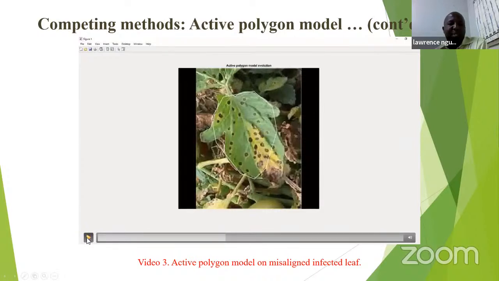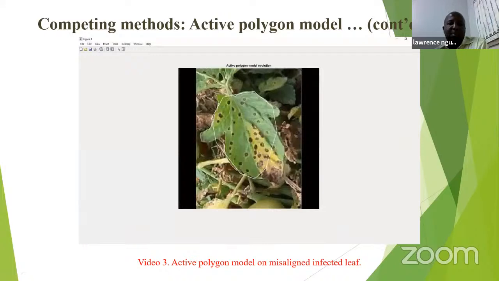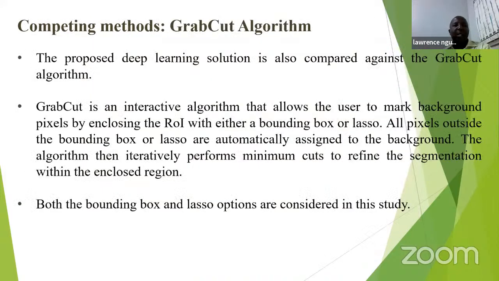So this was a major shortcoming of this earlier method, the active polygon model. It could not work for leaves that were oriented in random directions, and also did not work for leaves that were severely deformed due to infection. We also compared the deep learning method to the grab cut algorithm.